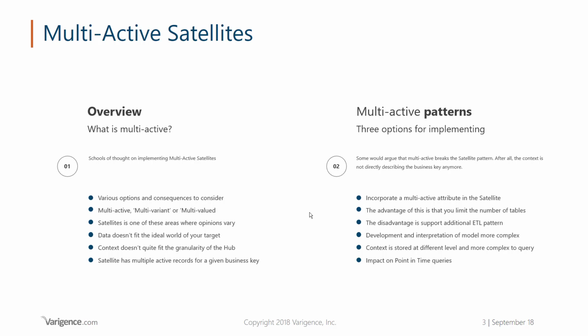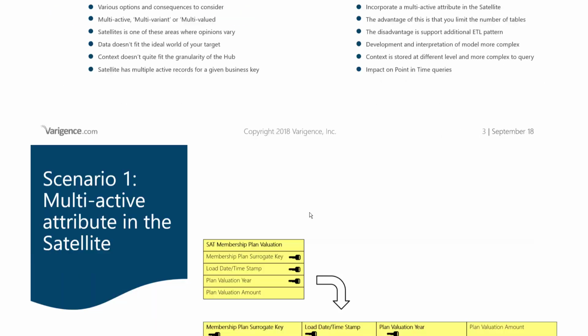Once you work with multi-active satellites, there is quite a lot of complexity in getting that data out again, and it does impact point-in-time queries. In BimlFlex, if you have a multi-active satellite, you cannot put a point-in-time table over the top of it, because at any given point in time, you have multiple active records. So you just need to be aware of that fact and the impact on point-in-time queries.